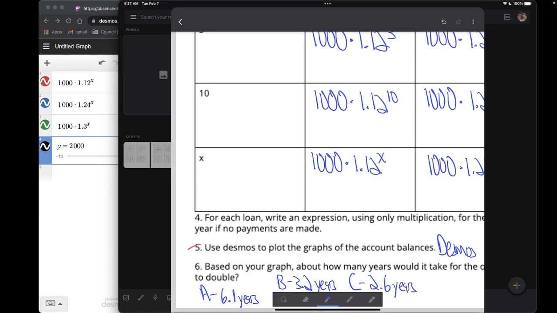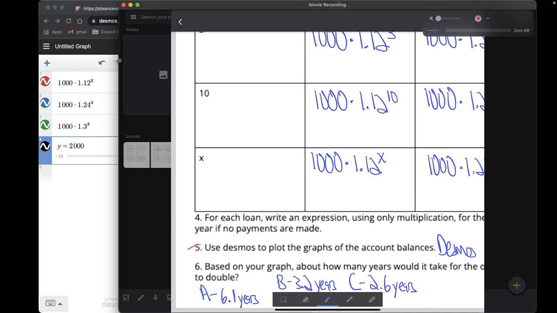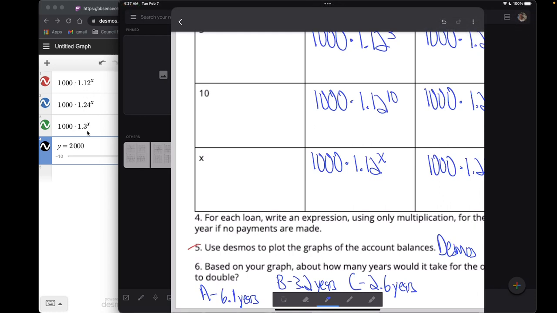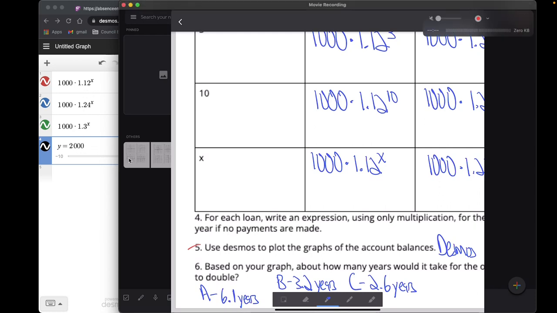We can see that the larger the interest rate, 12%, 24%, 30%, the less time it takes for the value to increase, which is what we would expect.